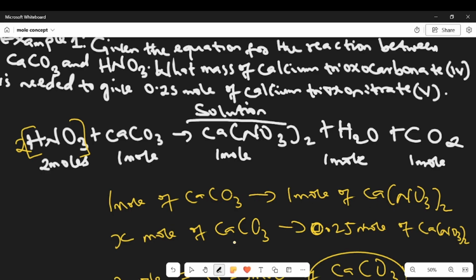But we don't know the actual mole of calcium trioxocarbonate 4 that will produce 0.25 mole of calcium trioxonitrate 5. Yes, that is the pattern I love using to deal with the mole concept. You can still use mass to mass calculation and solve it and still get your answer. But this way is very much self-explanatory.